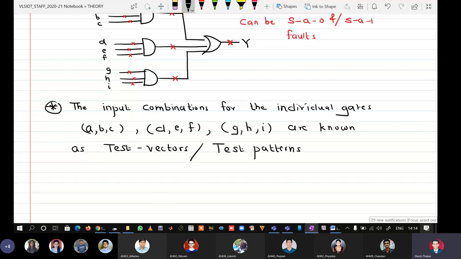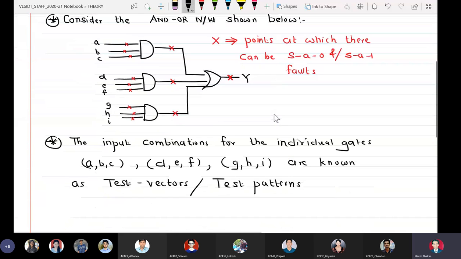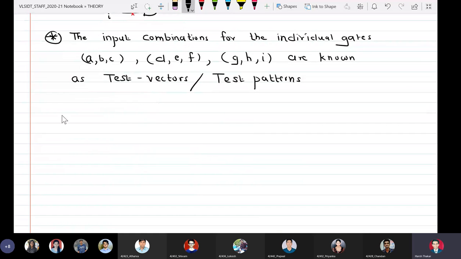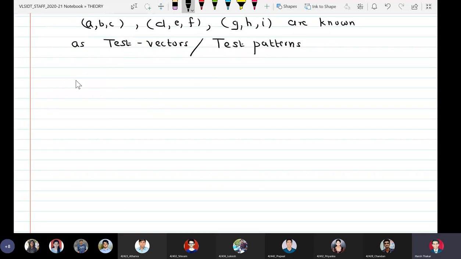Okay. So now this is an example of a combinational system. We can also have a sequential system, because we know that a digital system can consist of combinational networks or sequential networks.